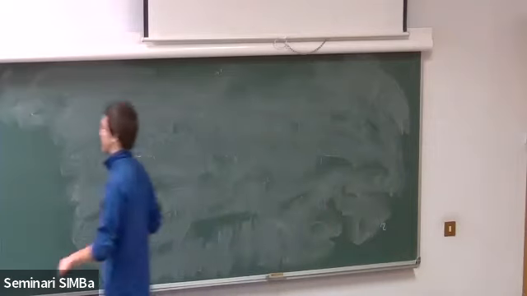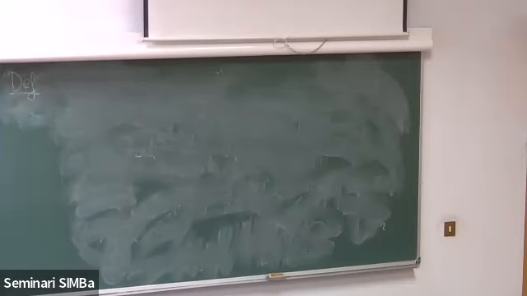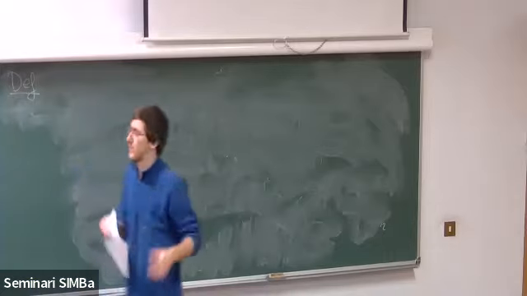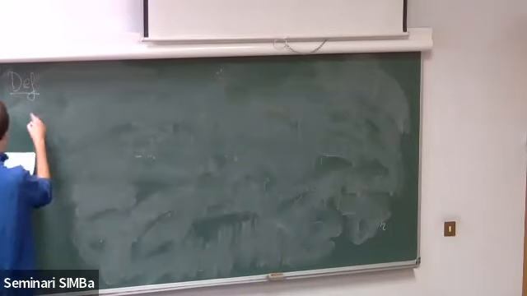To talk about Delzant's theorem, we need to define which is this class of polytopes for which there are symplectic toric manifolds, which are Delzant polytopes. So now let's define a Delzant polytope.